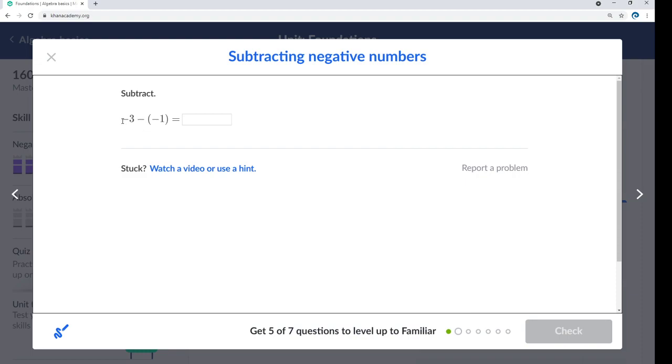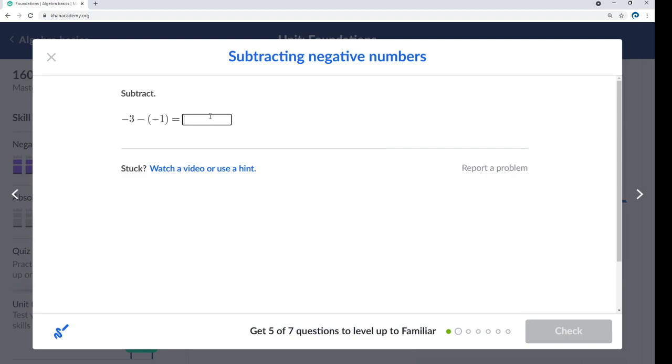This is -3 minus -1. Right, so that's basically -3 plus 1, which is -2. I think. Pretty sure.